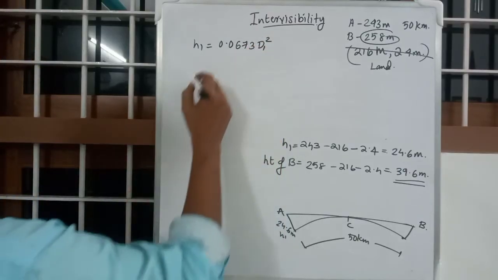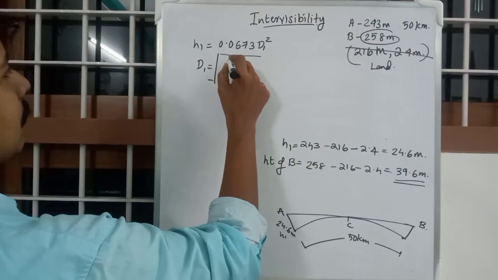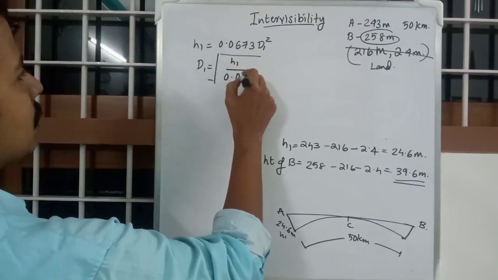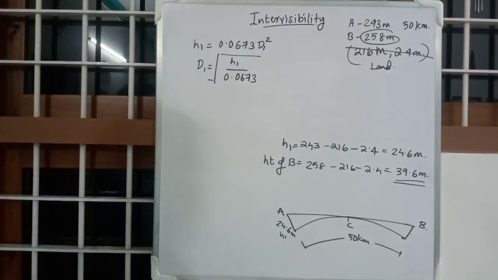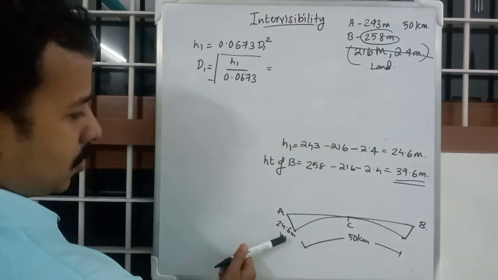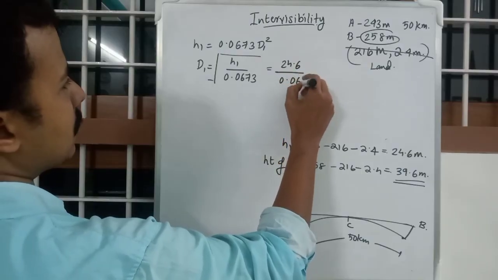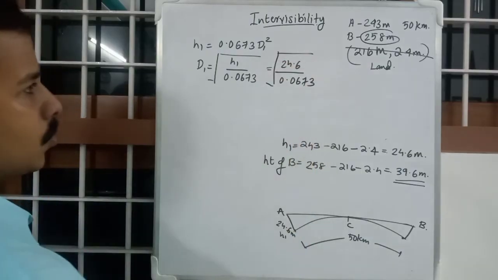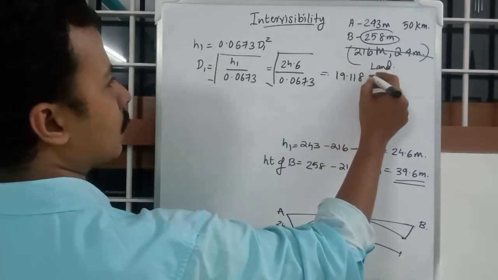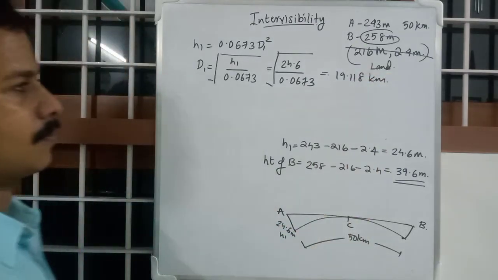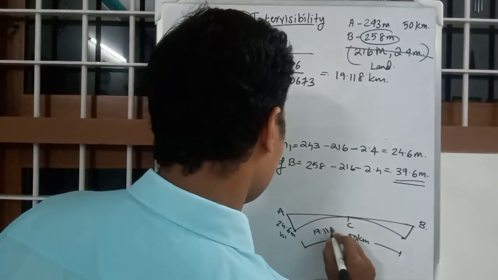And d1 is equal to the square root of H1 by 0.0673. Clear? So H1 is 24.6 by 0.0673, whole root, that is equal to 19.118 kilometers. That is D1.